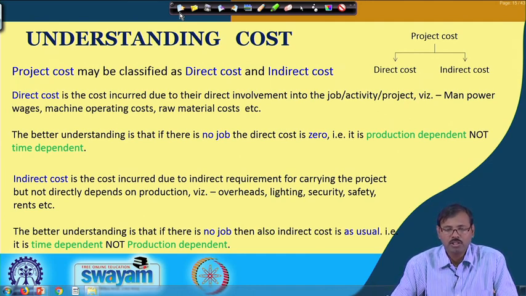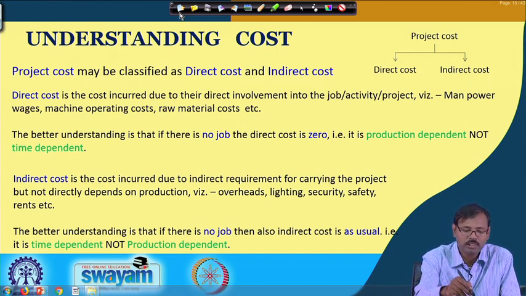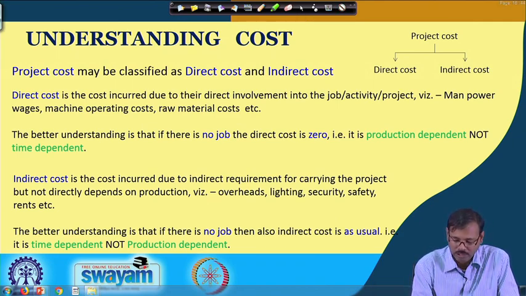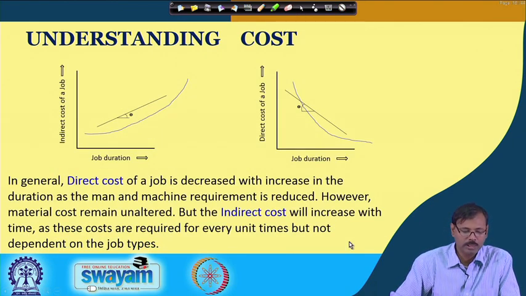Another is indirect cost, which is dependent on the time, that means with 0 production that cost is still there. If time is less or more, the cost is also decreasing or increasing. So direct cost and indirect cost are the two types of cost, and let us understand a little bit more on this.